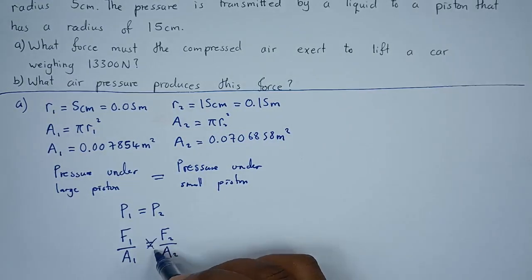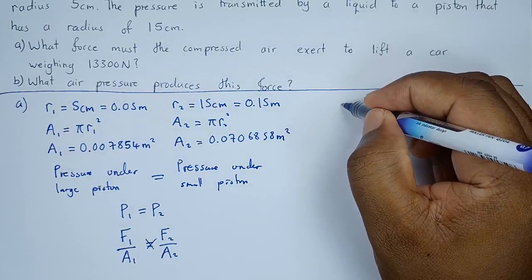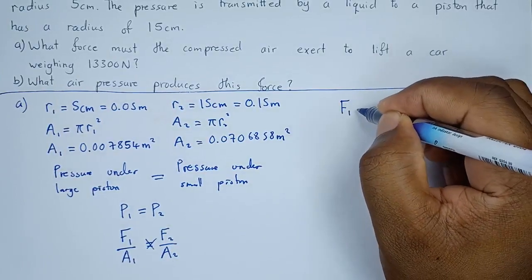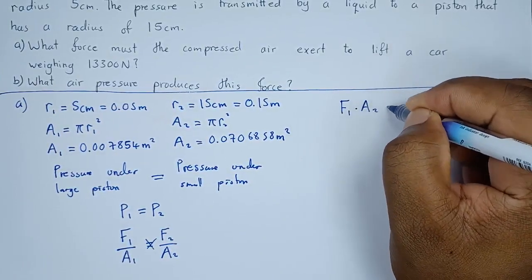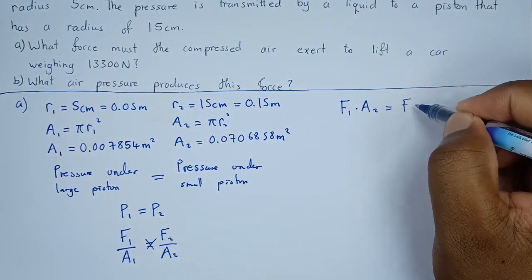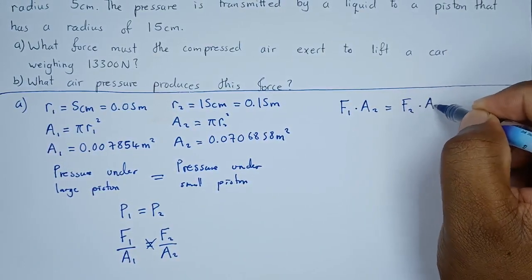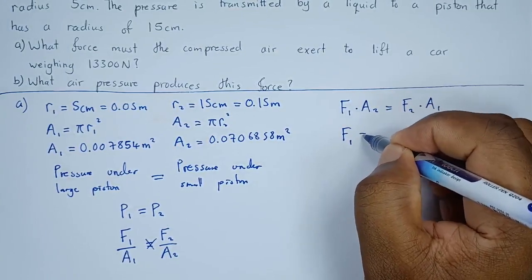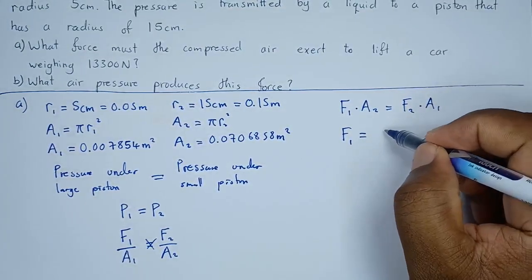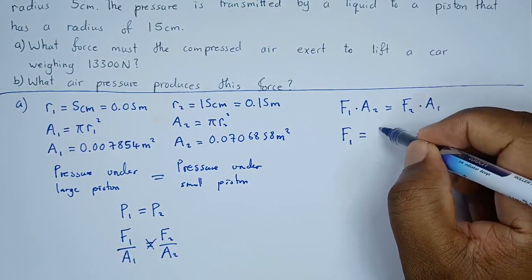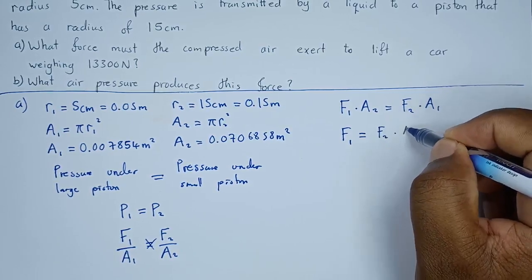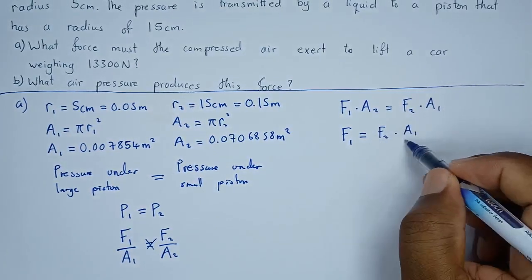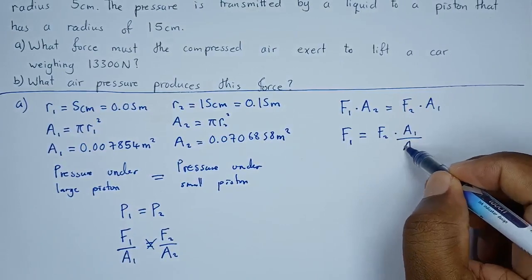To do that, we're going to cross multiply. If we cross multiply, we obtain F1 times A2 equals F2 times A1. So F1 is equal to F2 times A1 divided by A2.